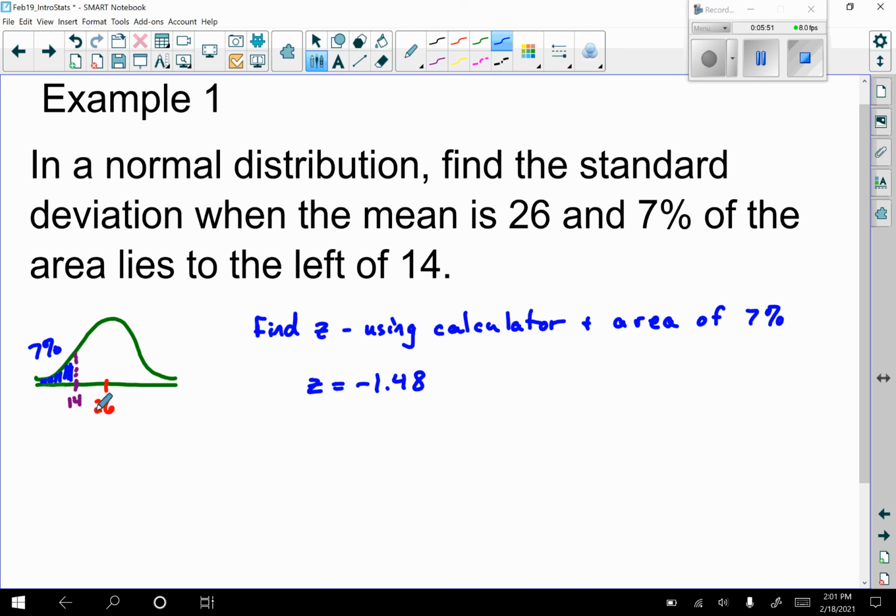So now we have mu, we have our x. So again, x is 14. We have z. Mu is 26. We can use the formula. Now you don't have to start with the rearrangement. You can always just substitute it into the formula for z and then rearrange it afterwards. So now if we go back, we know that our standard deviation is equal to x minus mu over z.